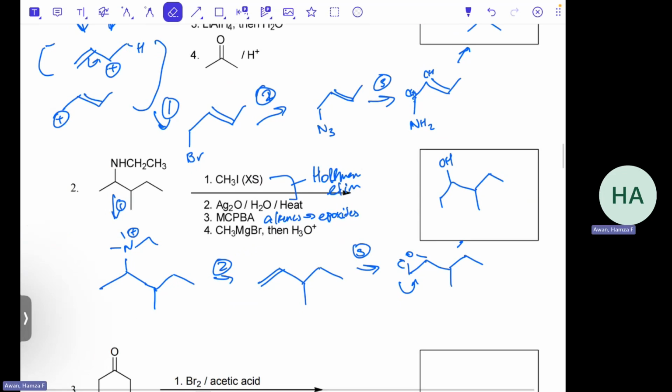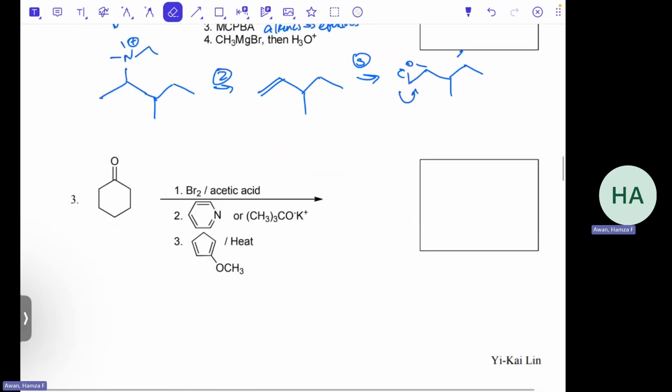So in basic conditions, which is what Grignard reagents are in, it is going to attack the least subbed side. In acidic conditions, which is for other reactions, like Gilman's, I think Gilman can sometimes be in acidic, you would attack the most subbed. But Grignard is always going to be basic, so you're going to attack the least subbed side. Anyone else?